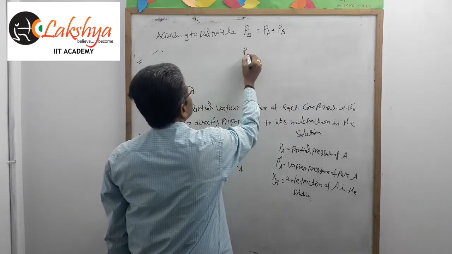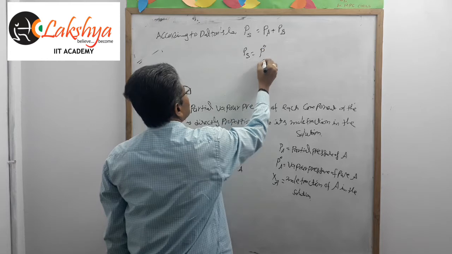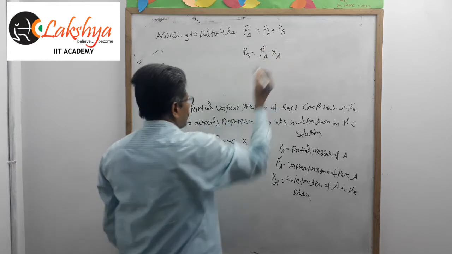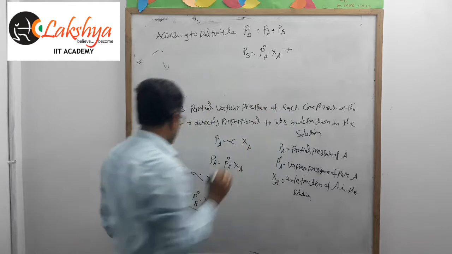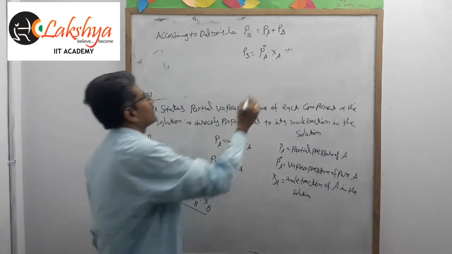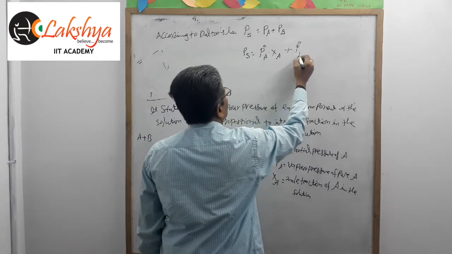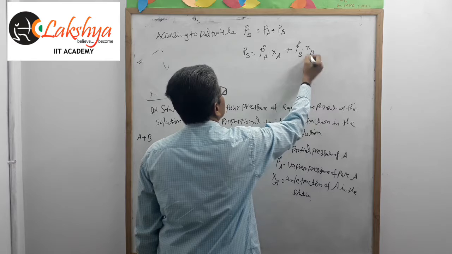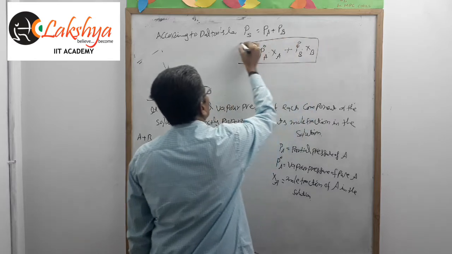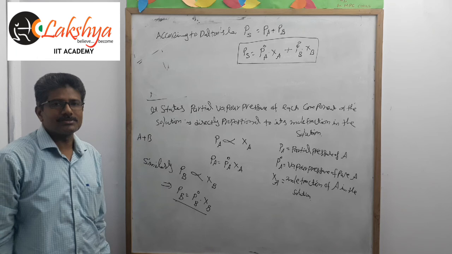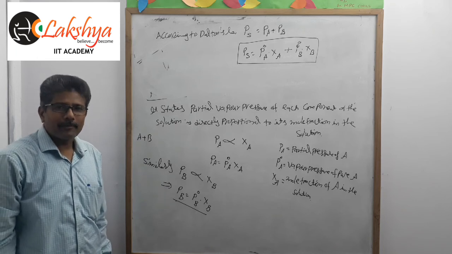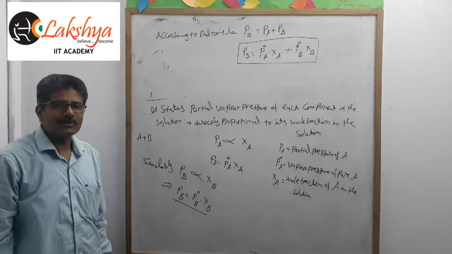So here PS is equal to P naught A into XA plus P naught B into XB. This is the formula for the vapor pressure of a liquid solution.